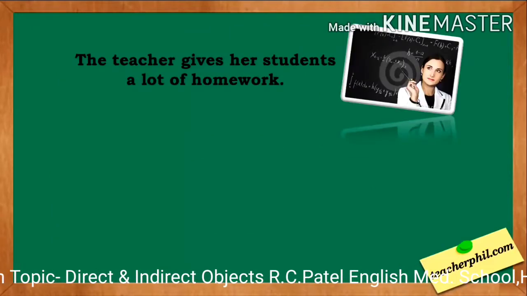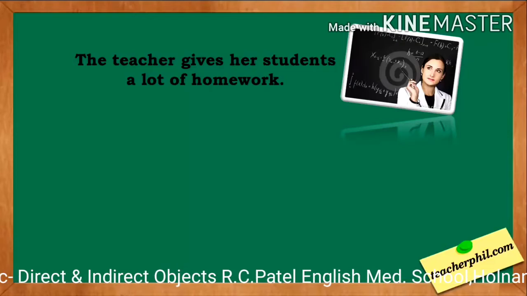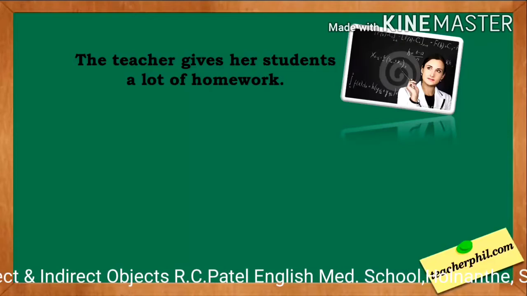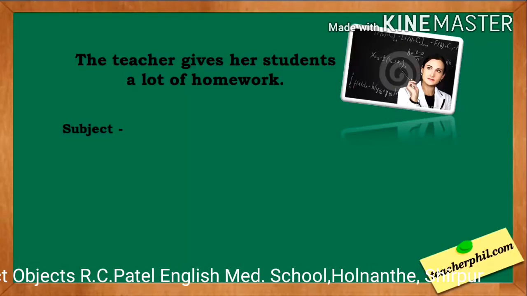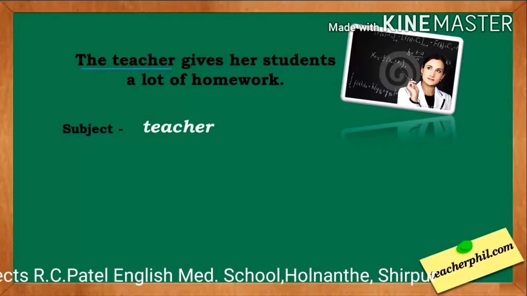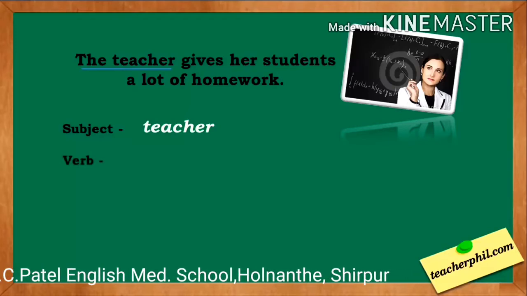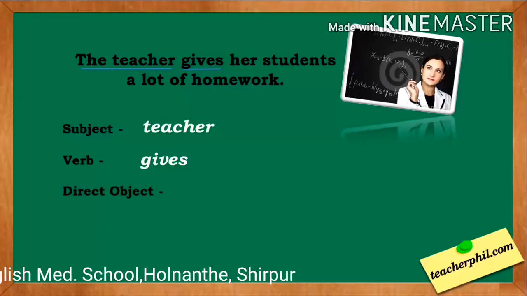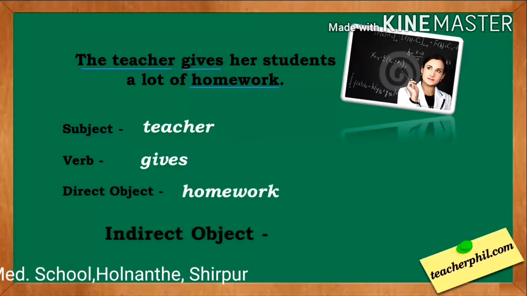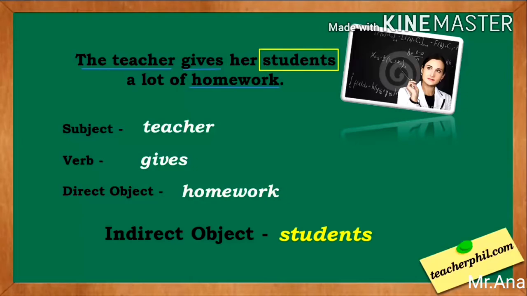The teacher gives her students a lot of homework. First step, identify the subject, that is the teacher. Then the verb, that is gives. Then direct object, that is homework, and indirect object, to whom? Her students. So the students is indirect object.